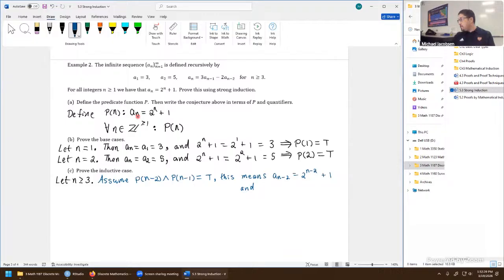So plug in the sequence: a_(n minus 1) becomes 2 to the power n minus 1, add 1. So that's our inductive hypotheses, that the sequence comes out correct for these 2 specific terms. Now our whole goal is to use those 2 assumptions in blue to prove it's going to hold at n now, that P of n is going to evaluate to true as well.